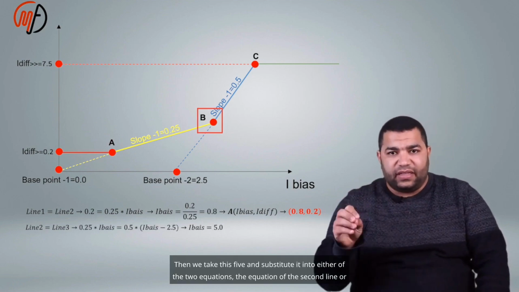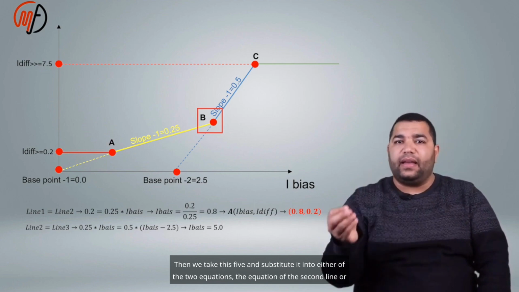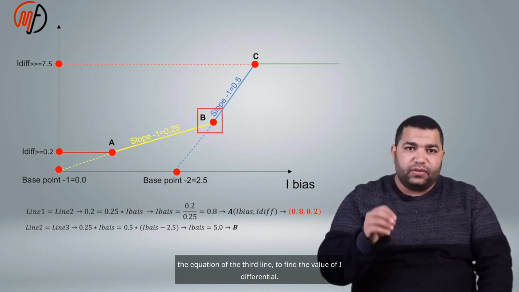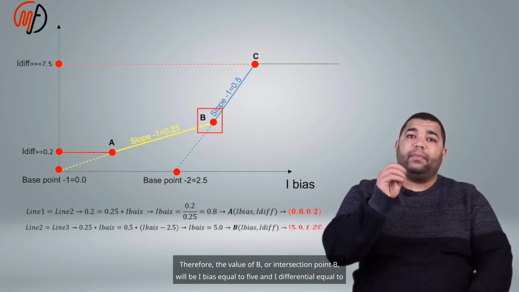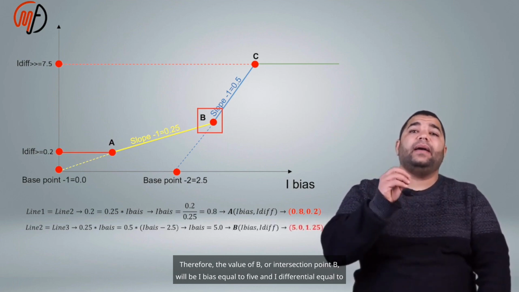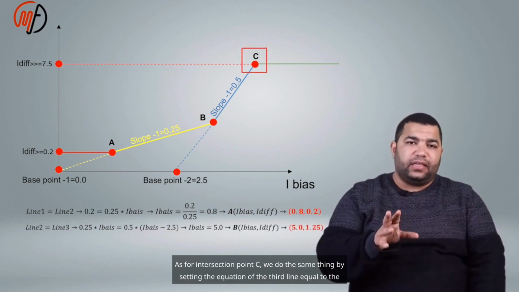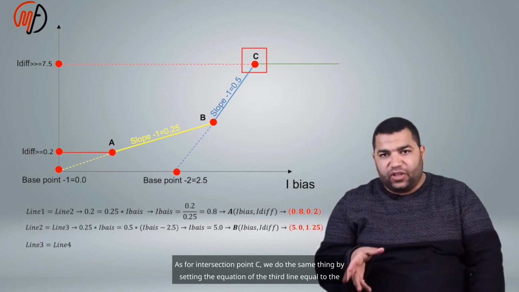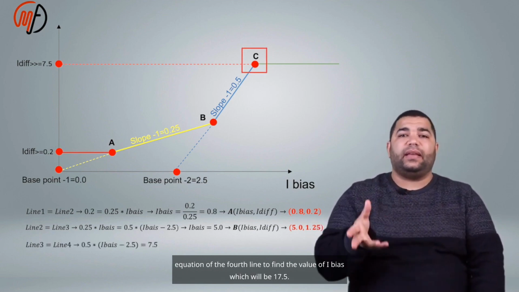Then we take this 5 and substitute it into either of the two equations, the equation of the second line or the equation of the third line, to find the value of I differential. Therefore, intersection point B will be I bias equal to 5 and I differential equal to 1.25. As for intersection point C, we do the same thing by setting the equation of the third line equal to the equation of the fourth line to find the value of I bias, which will be 17.5.